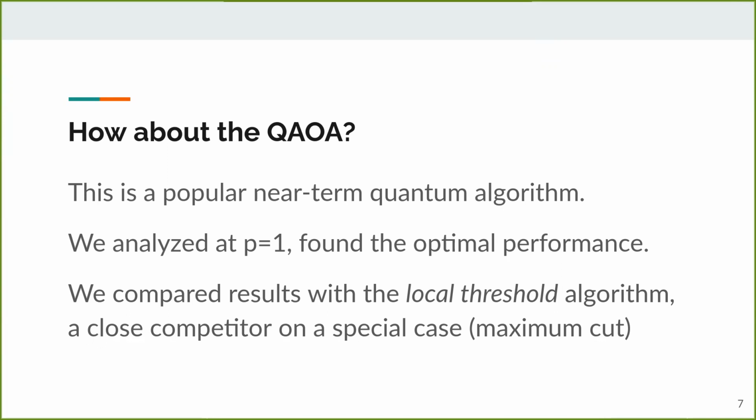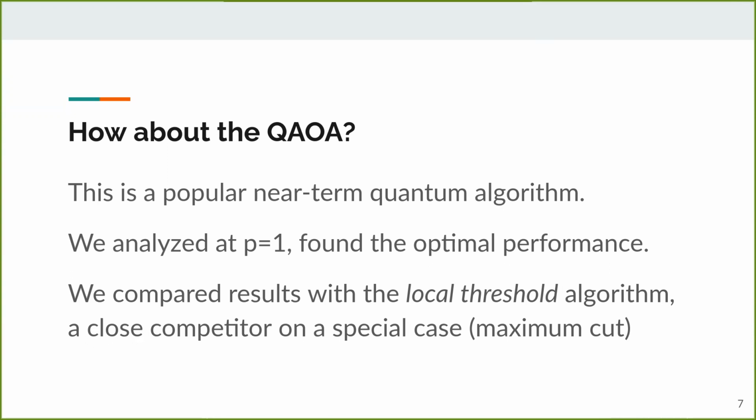It runs an iterative cycle where it has a depth P, and as you increase the depth, you're going to get better and better performance. But because you can set the depth quite low, you might be able to run them on small quantum computers that we have today. This is a combinatorial search optimization algorithm. It can solve problems like max cut or 3-SAT, and we're going to use it for the kXOR problem.